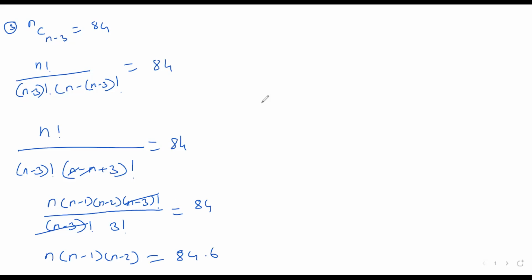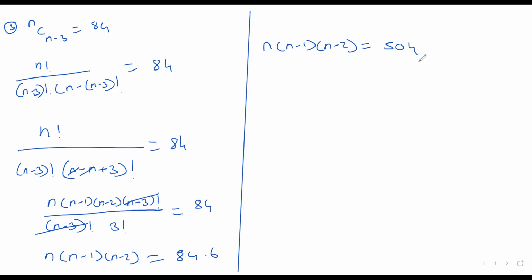Now, these are 3 consecutive numbers. We have to express 504 also as multiplication of 3 consecutive numbers. So n into n minus 1 into n minus 2 is equals to 504. 504 can be written as 9 into 8 into 7.